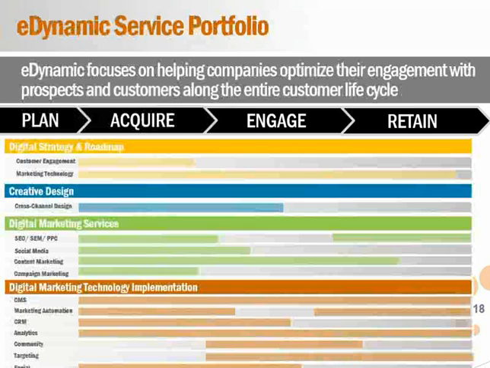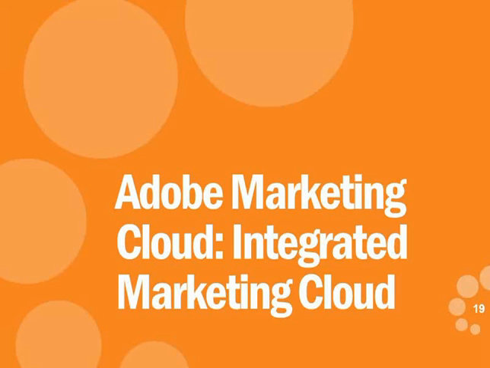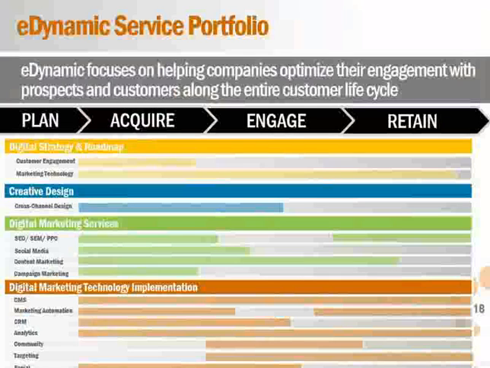So again, this slide gives you the sum and substance of what we've been talking about, in terms of eDynamic's core competencies, if I may put it that way. Digital strategy and roadmap, I reiterate, is the centerpiece of any digital marketing technology implementation.